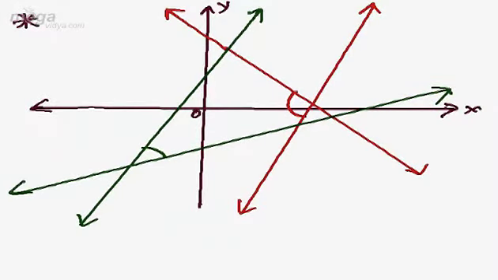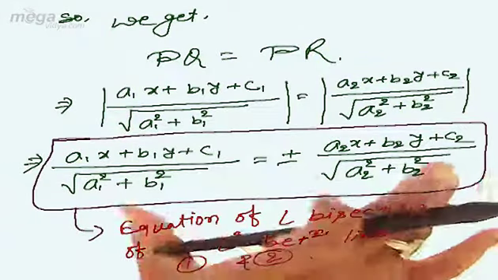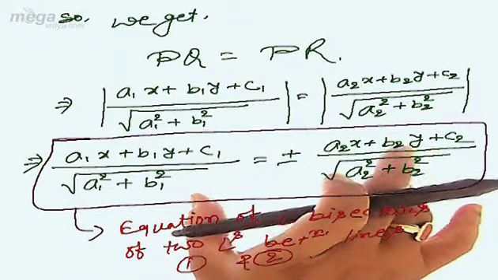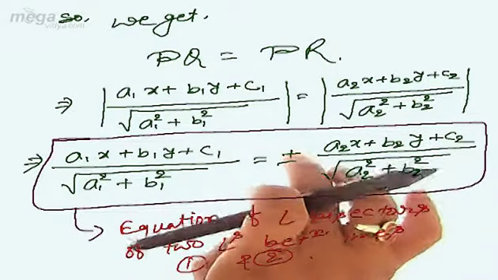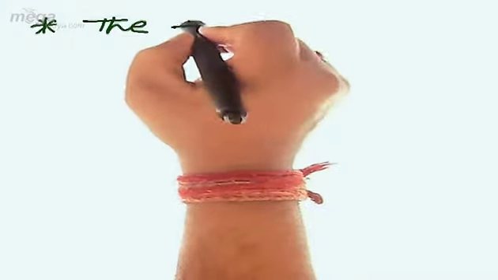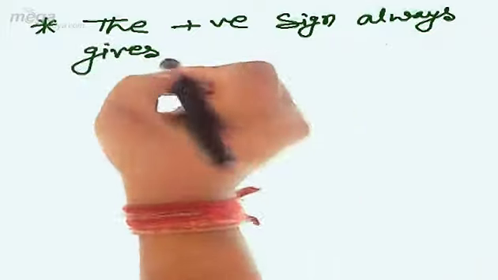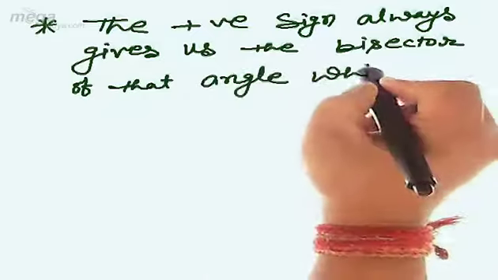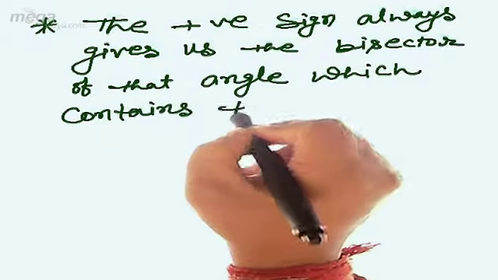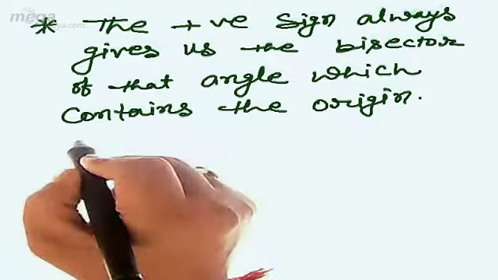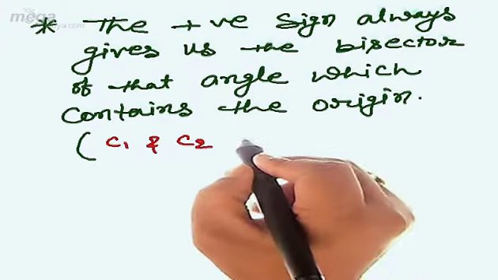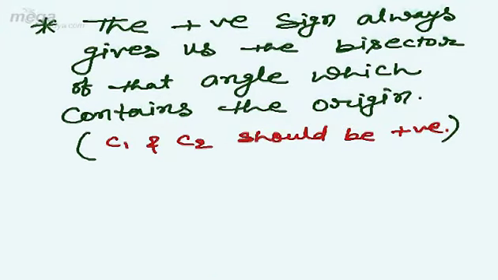So when we take this formula, in which region will the origin lie, for which region is this the bisector? Here student, remember, the positive sign always gives us the bisector of that angle which contains the origin. But also remember, C1 and C2 should be positive. Now student, I am taking an example here.